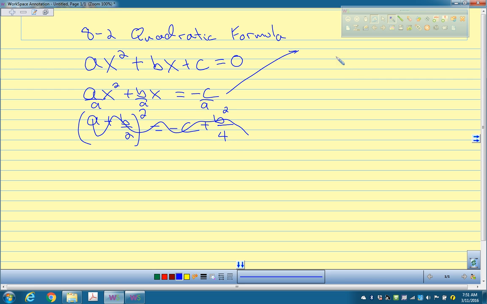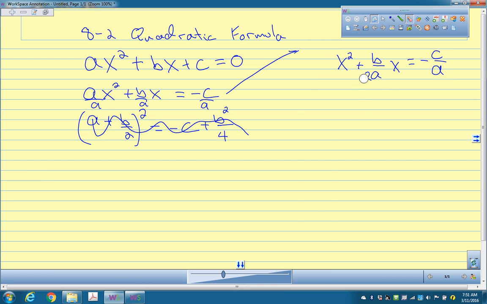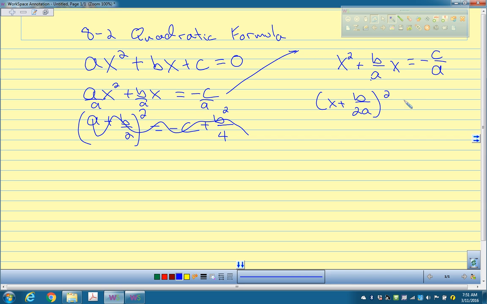So I have x squared plus b over a times x equals negative c over a. I divided everything by a, including the coefficient. Then I complete the square. I get x plus b over 2a squared, because that's half of this, equals negative c over a plus b squared over 4a squared.